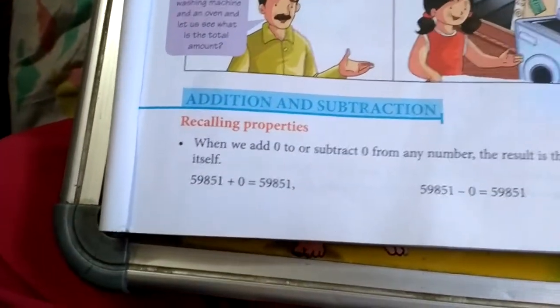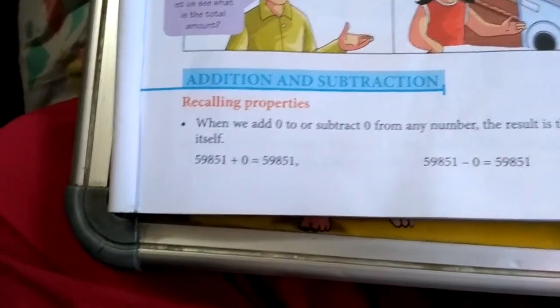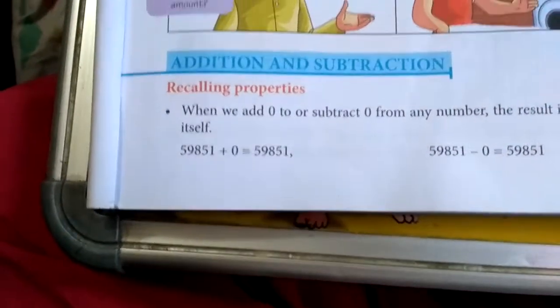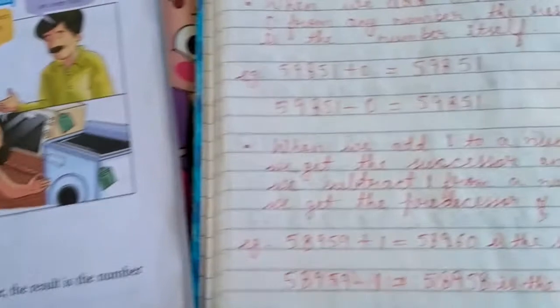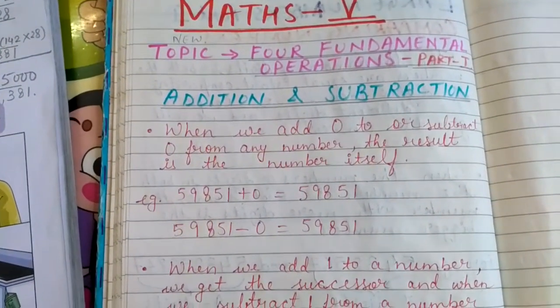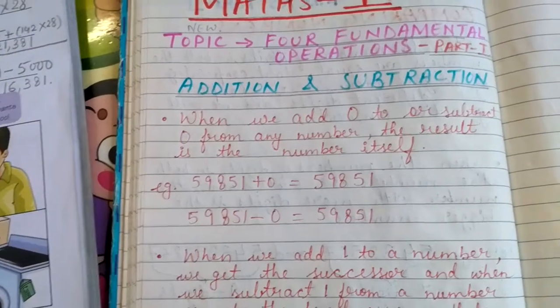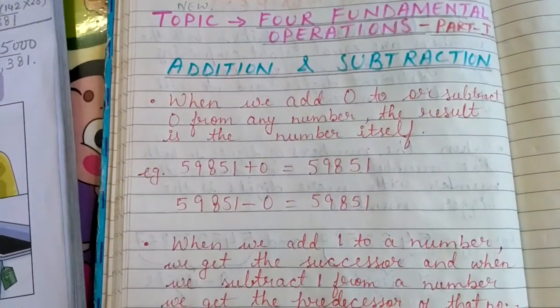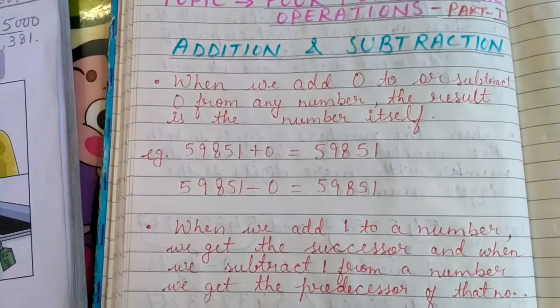So we have to recall some of the properties of addition which you have previously studied in your previous classes. The very first property is, when we add 0 to or subtract 0 from any number, the result is the number itself.